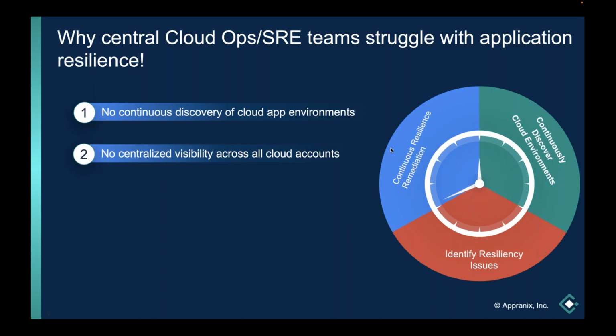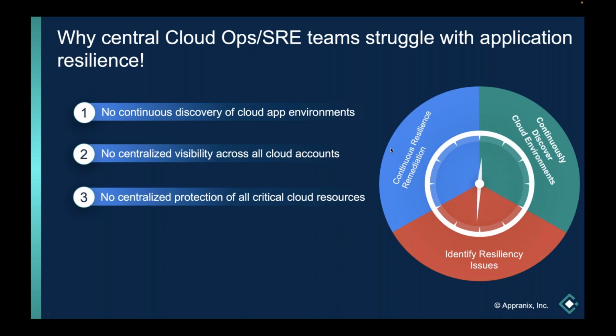And even though some components of the system might be restricted to one particular environment, other components of the system might be talking to the restricted environment as well. So visibility across all these cloud accounts is very, very key.